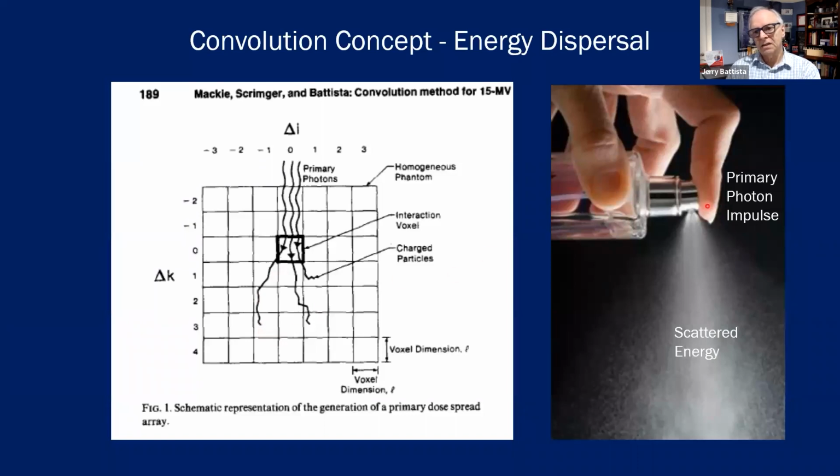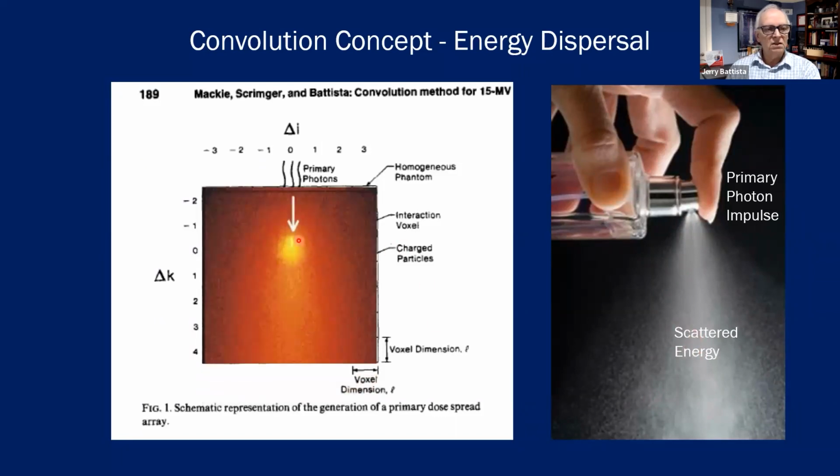I kind of think of this as a perfume bottle with the primary photon impulse here and the scattered particles here, scattered radiation. And they can be electrons and or photons. And these kernels have been computed by Monte Carlo methods.